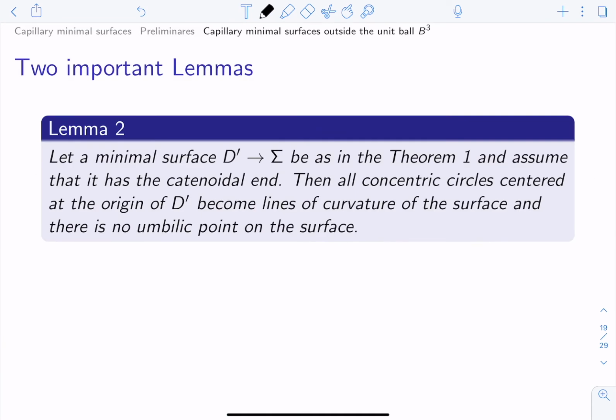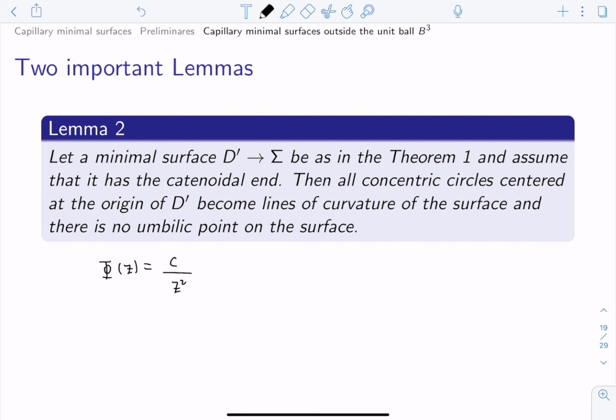So now Lemma 2 explains what it means for φ(z) to be c over z squared. So we found out that φ(z) is c, for some constant c, over z squared. Lemma 2 directly tells us what this means.